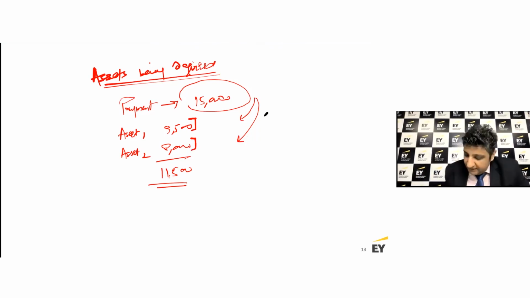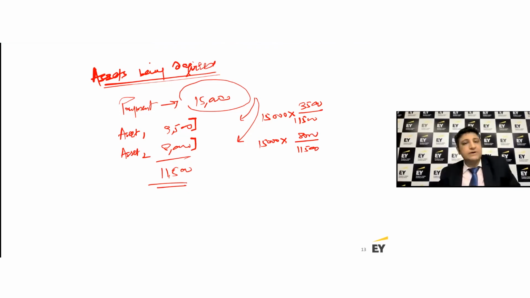That means this will be 15,000 into 3,500 divided by 11,500, and this would be 15,000 into 8,000 divided by 11,500. Let's do a quick calculation there and see what these values are. This gives me the value of roughly 4,565, and this becomes 10,435.